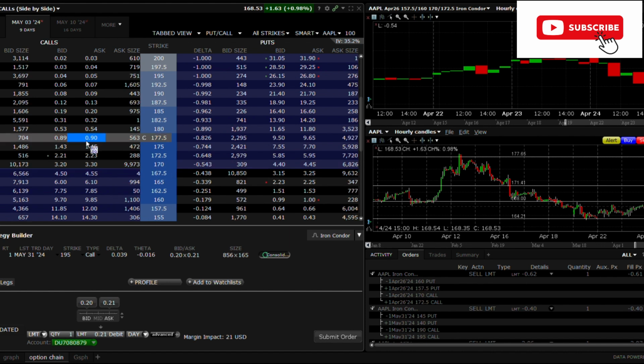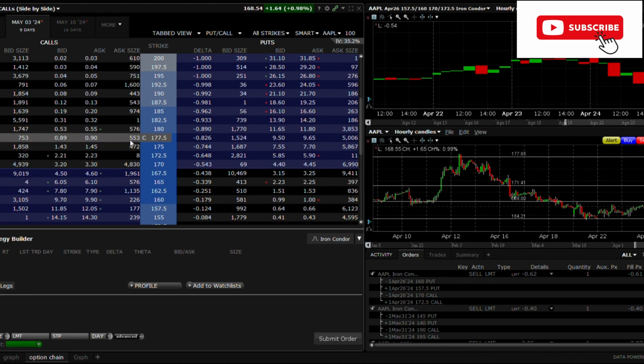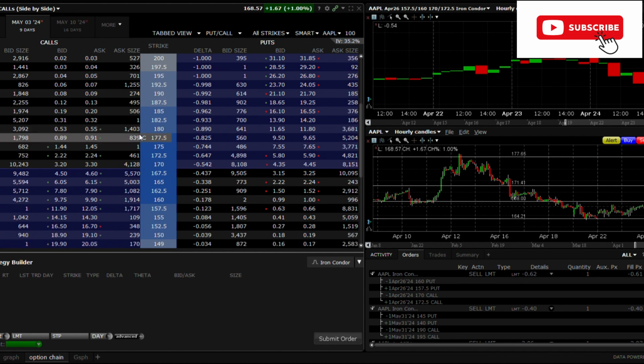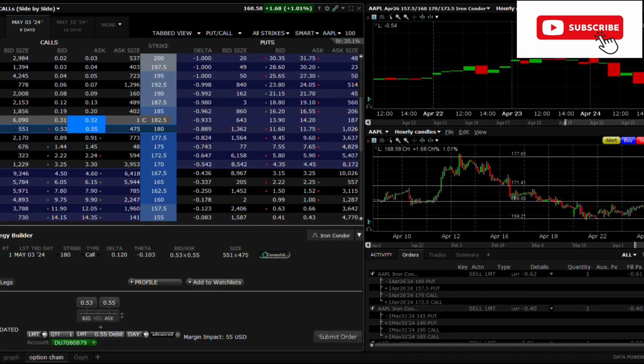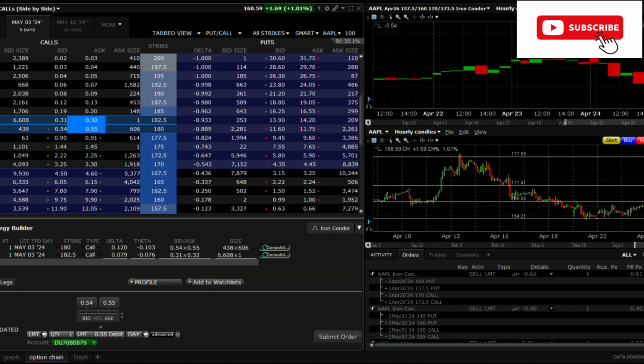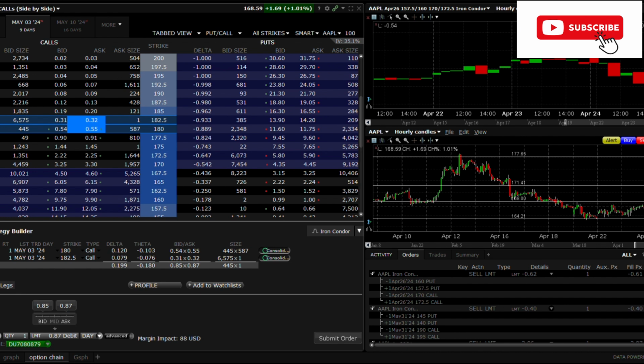So we can, for example, sell at 180, a little above the resistance level. We sold one option at 180, and we bought one option above this, at 182, to manage our risk.